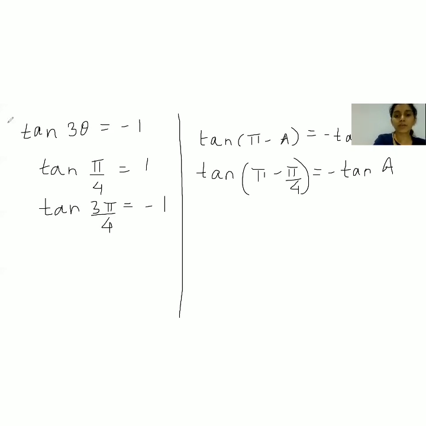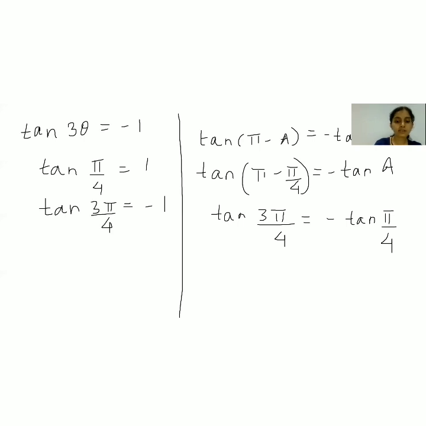That will be tan of 3 pi by 4 is equal to minus tan of pi by 4, which is minus 1. That is why I have written directly over here, tan of 3 pi by 4 is equal to minus 1. So what is our alpha value then? Alpha value is 3 pi by 4.